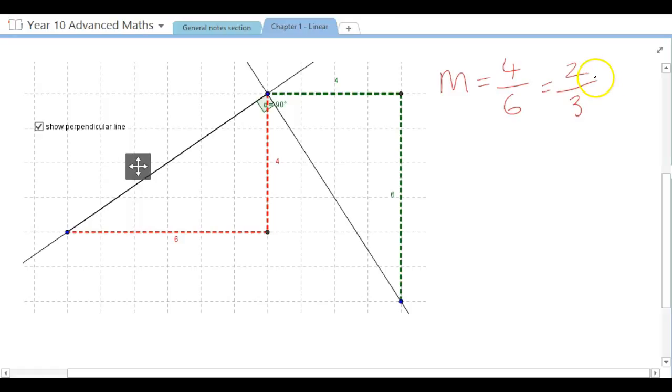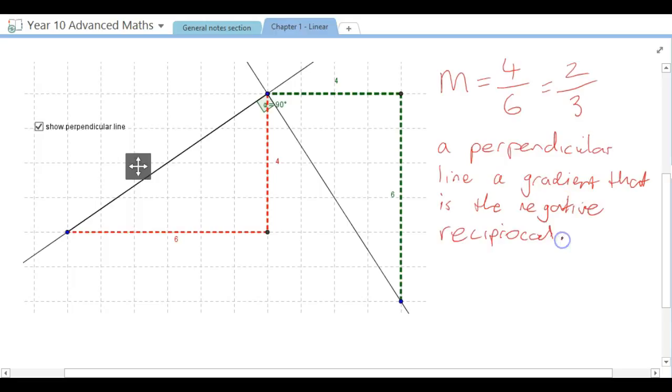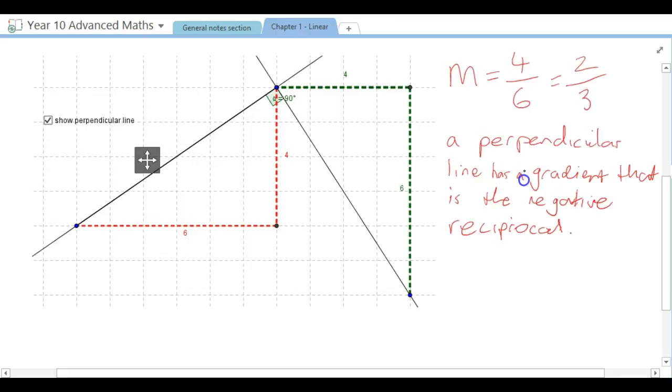So a perpendicular line has a gradient that is the negative reciprocal of the other.